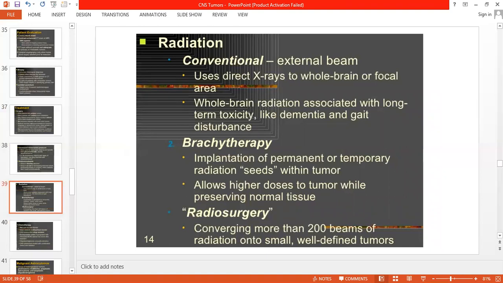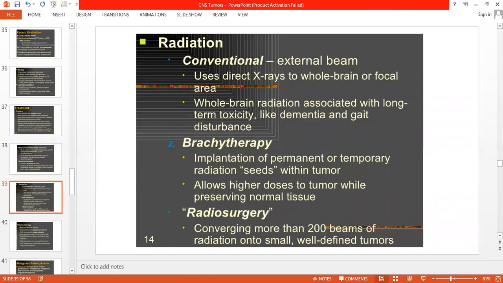What is conventional radiation therapy? External beam uses direct access to the whole brain or a focal area. Whole brain radiation is associated with long-term toxicity like dementia, gait disturbances or visual loss.